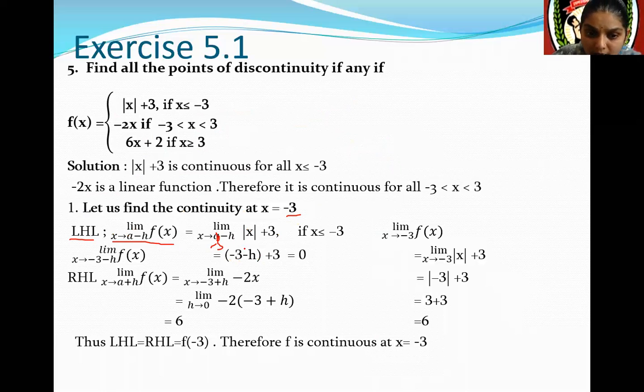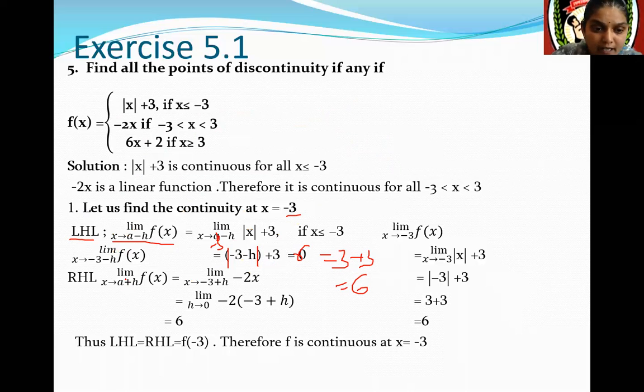When I put it under the mod, minus 3 minus h, the modulus of minus 3 is plus 3. Then 3 plus 3 will be 6. So the left-hand limit is 6.